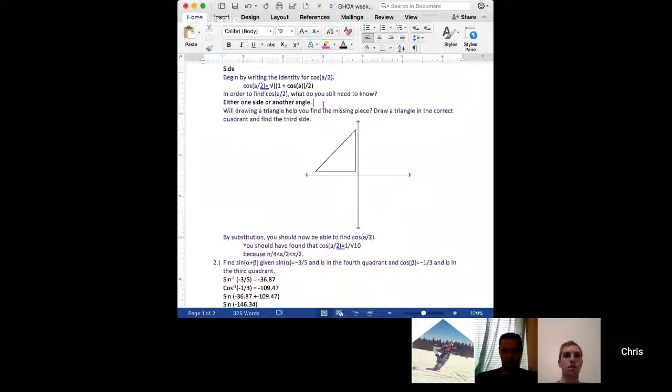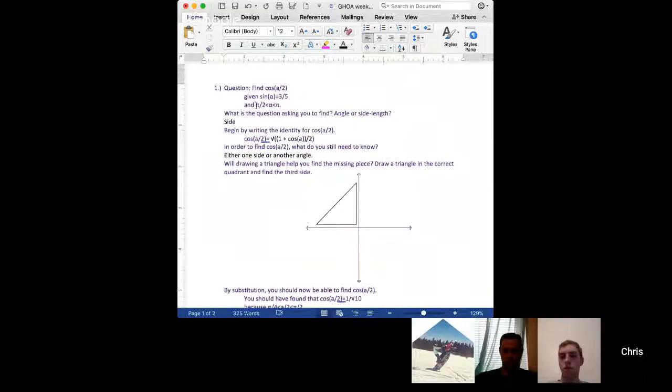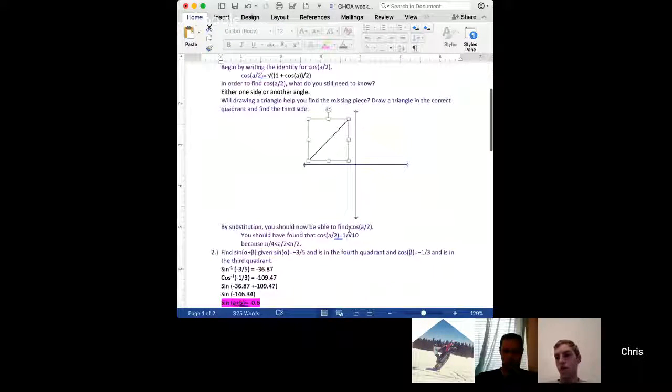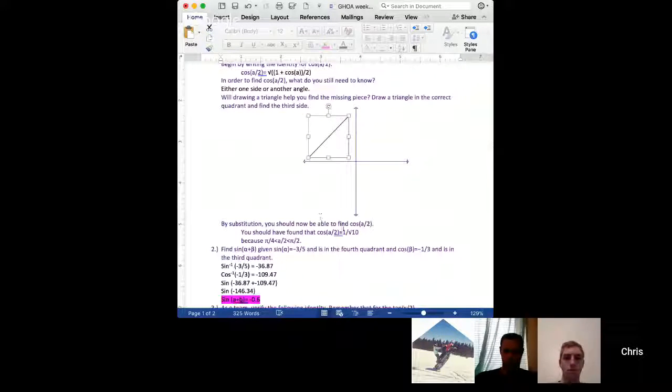It says, will drawing a triangle help you find the missing piece? Draw a triangle in the correct quadrant and find the third side. We know it's between pi halves, which is 90 degrees, and pi, which is 180 degrees. So this is the correct quadrant. By substitution, you should be able to find cosine of a divided by 2.